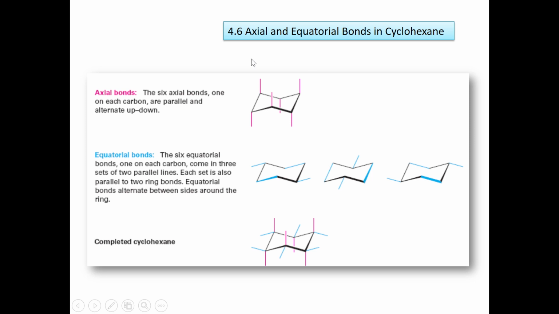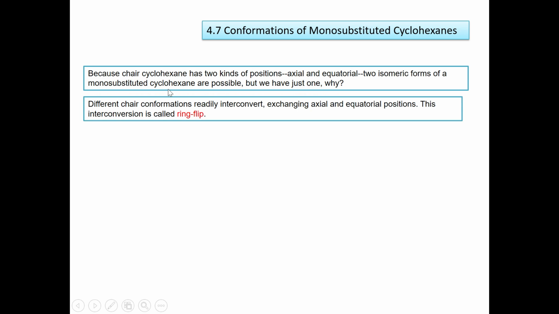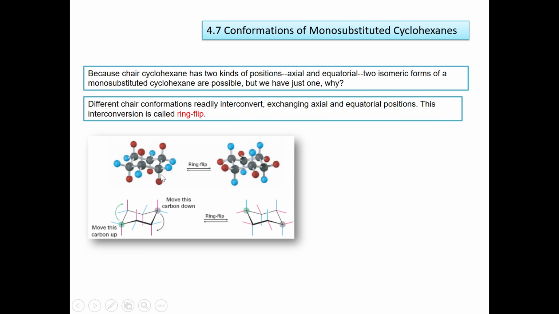Here basically is showing you how to draw the different equatorial and axial bonds and differentiate them. Why is this important? Because both positions, as I explained before, are not equivalent.